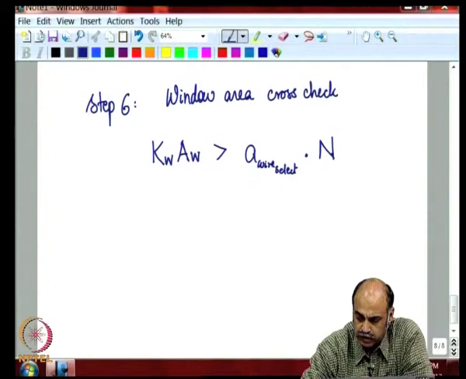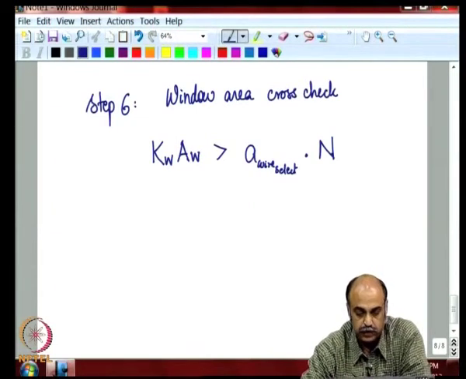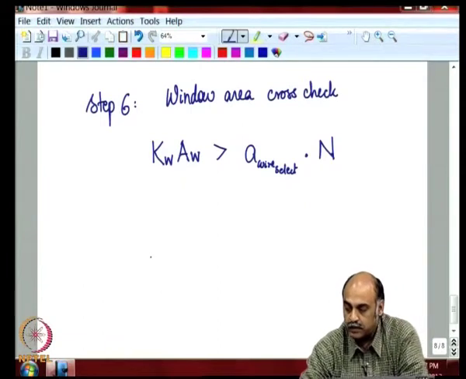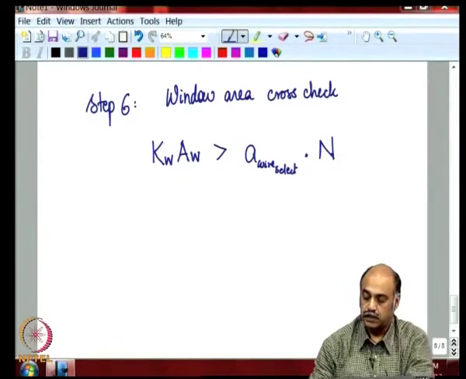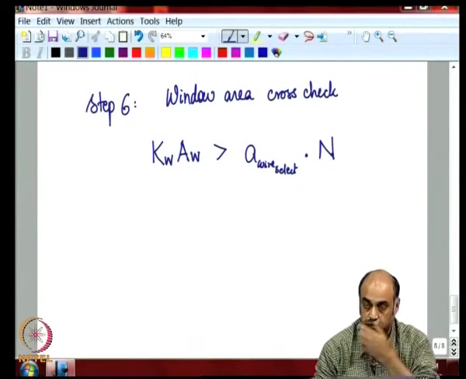If this inequality is satisfied, then you go to the step of actually winding them, and then you have your inductor, which can be inserted into the DC-DC converter circuit.